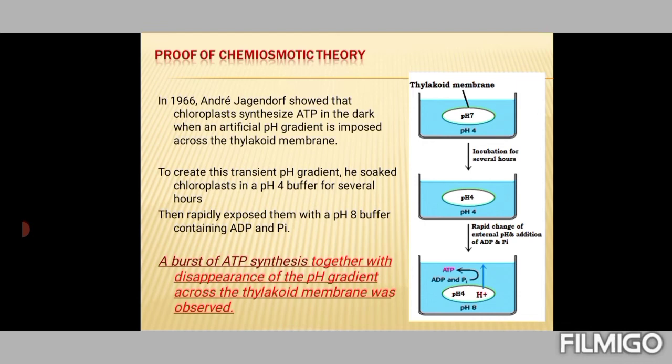Now, a burst of ATP synthesis happens together with disappearance of the pH gradient across the thylakoid membrane. So this was observed, and this was a very good experimental proof for chemiosmotic theory.